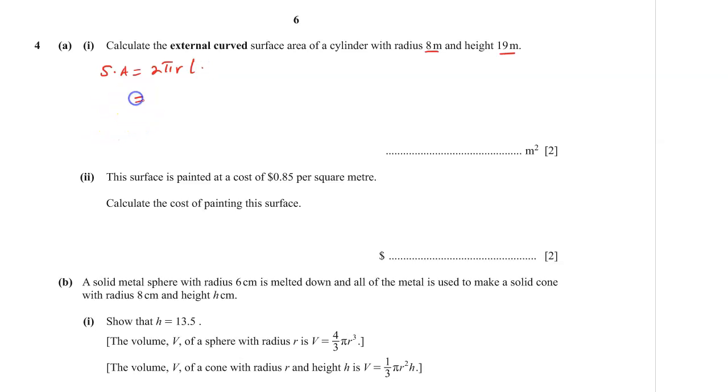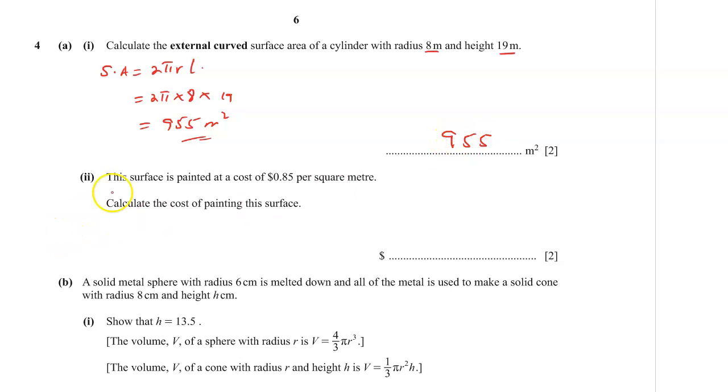In this case, you get 2 pi times r, which is 8 meters, times height, which is 19. Therefore, when you do the evaluation, you get 955 meters squared.